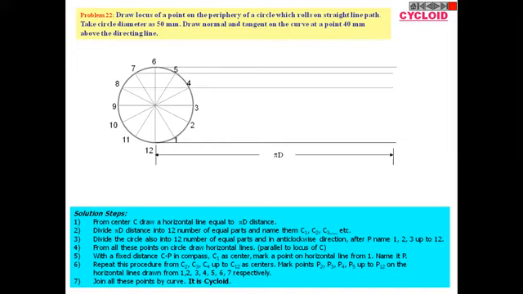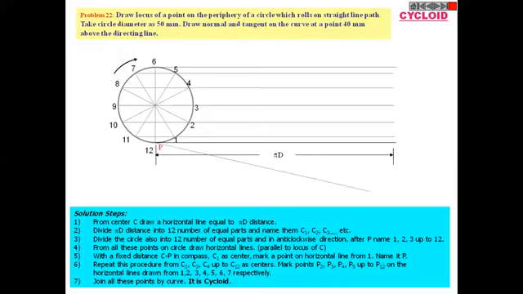Then from that point, we can draw the horizontal line exactly parallel to the pi d. 1 to 11 is one common line, 2 to 10 is one common line, 3 to 9 is one common line, 4 to 8 is one common line, 5 to 7 is one common horizontal line, and 6 also parallel to the pi d. And the rotation is clockwise. Then we take the P point exactly at the 12.